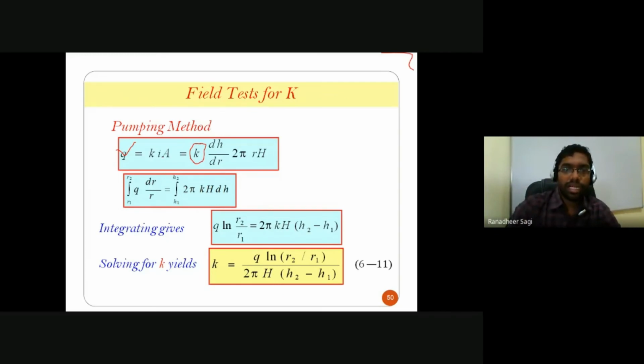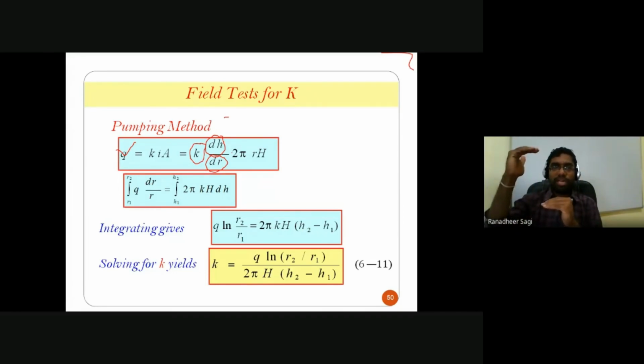Okay, so that hydraulic gradient is nothing but delta H, or I can also write it as dh when I want to go for a differential parameter. For a radial distance, from observation well 1 to 2, for a radial variation of, let's say, dr, the corresponding drop in the water level is, let's say, dh.